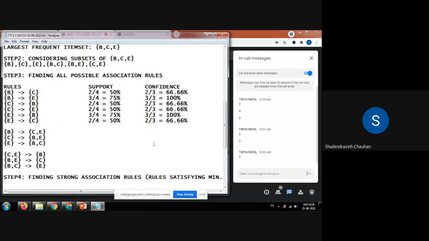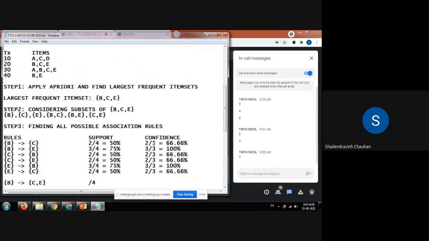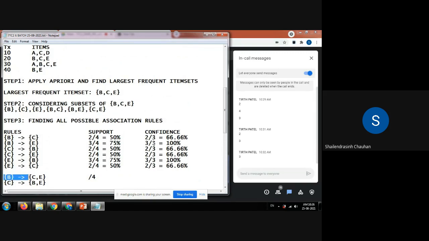Now total we are having 4 transactions. Out of 4, how many are having B, C, E all together?